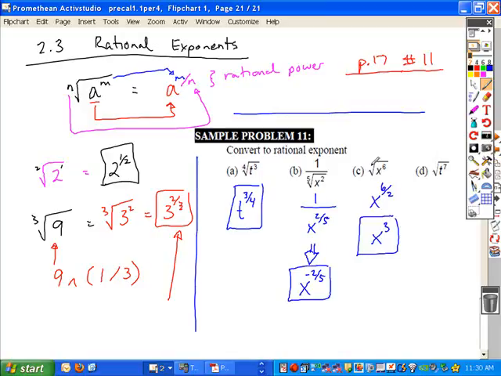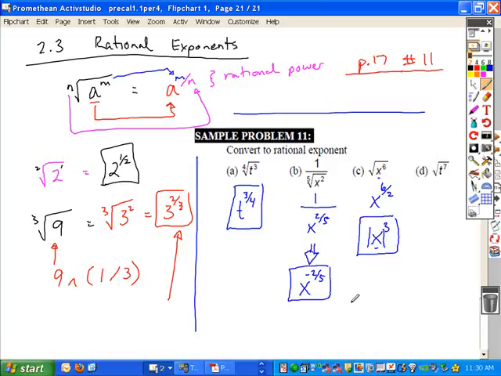When you look at this, is the original index an even number? Yes, so you know that this solution has to yield a positive value only. So when you look at that, can you take a negative number to the 6th power and the square root of that and get a positive? Yeah. So we need to test it. If x were negative in this form, would this simplified form be guaranteed to be positive? No. So in order to guarantee that, we need absolute values around the x.